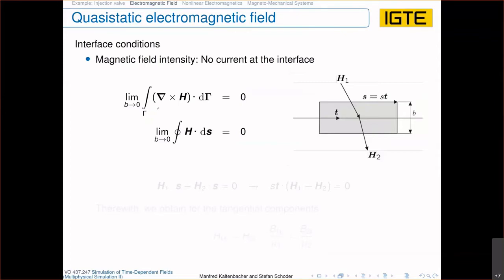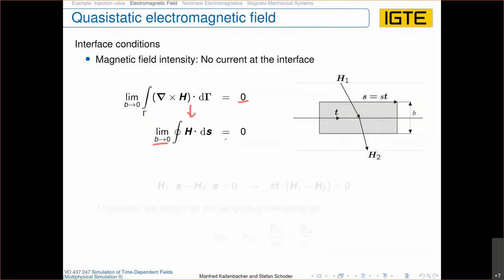As we have set it here to 0, it means we do not assume that along the interface we have any surface current density. We can now transform this cross-sectional integral to a closed contour integral over such a closed contour, and since this has to be 0, we let the distance go to 0.